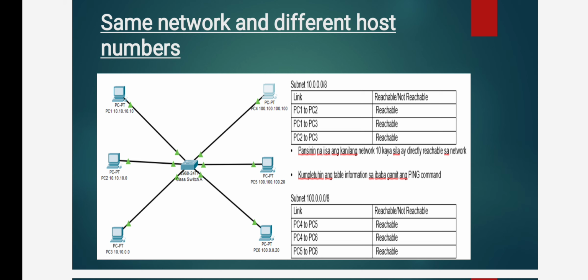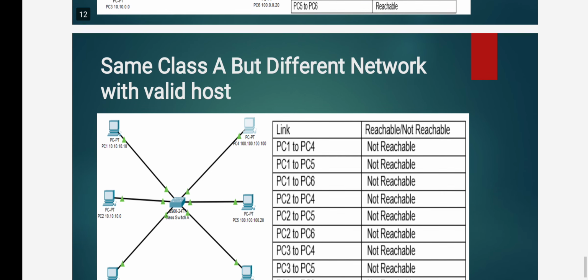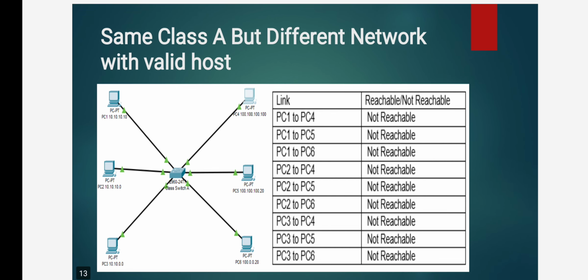They are all reachable because, the same as in the subnet 10.0.0.0/8, the network part of PC4, PC5, and PC6 are in the same network, and the network is 100.0.0.0/8. Next, same class A but different network with valid host.